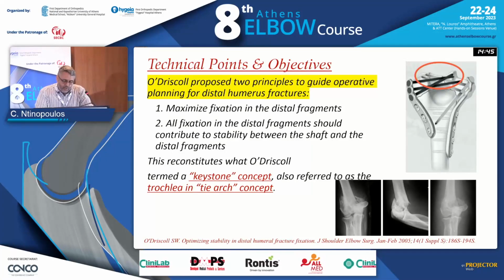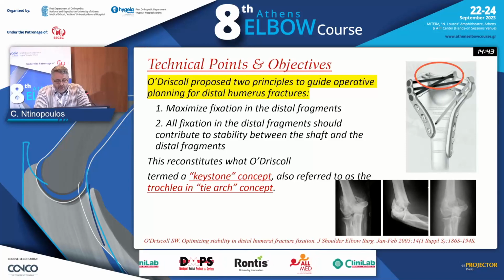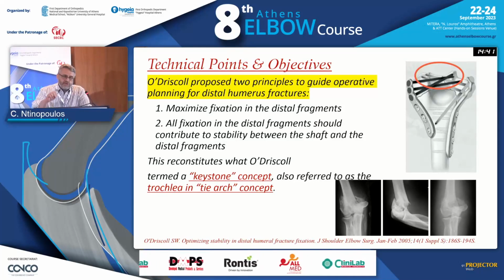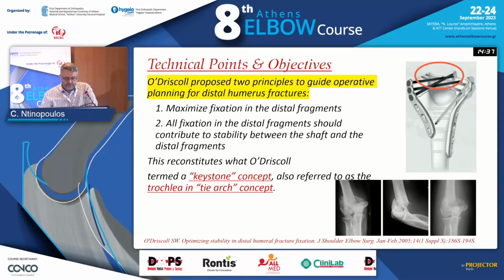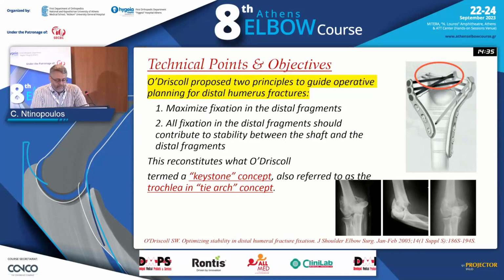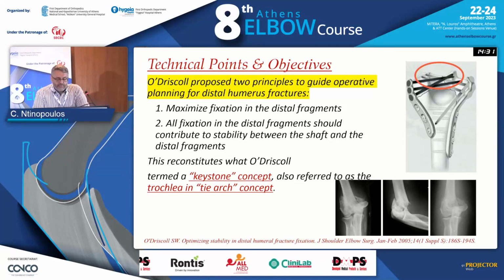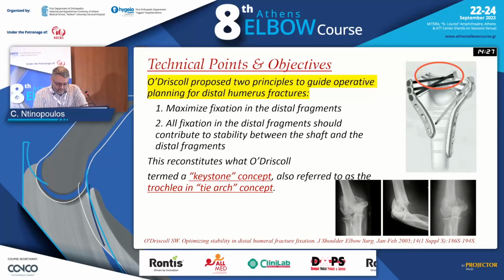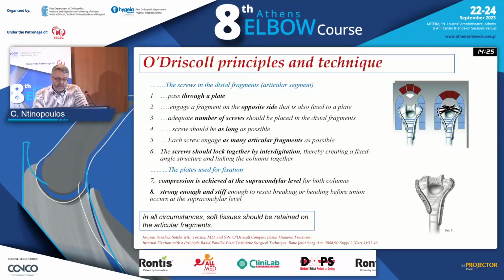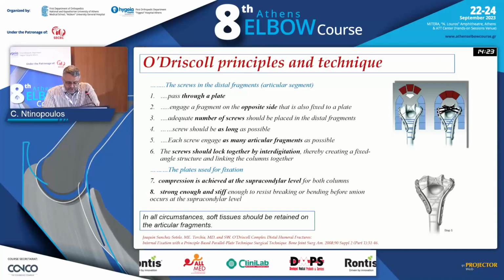This reconstitutes the keystone concept, as the keystone in a big stone arch, or the trochlear tie arch concept. So we have to put the keystone in between the two columns of the distal humerus in a stable fixation.